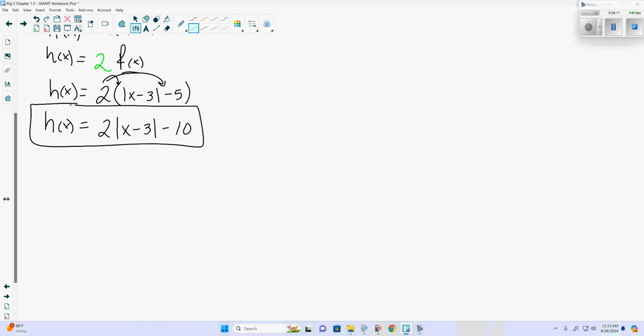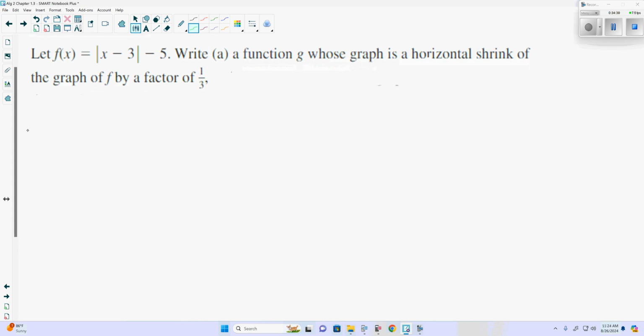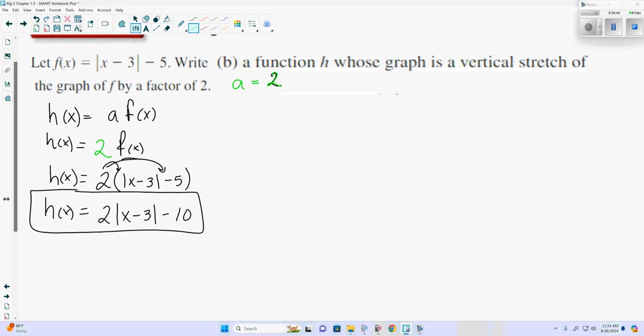Yep, we just doubled everything. And that's it. Questions on this here? And vertical shrink will essentially behave the exact same way. Yep, because for vertical stretch and vertical shrink, it's a times f of x. So we just replace a with that value.